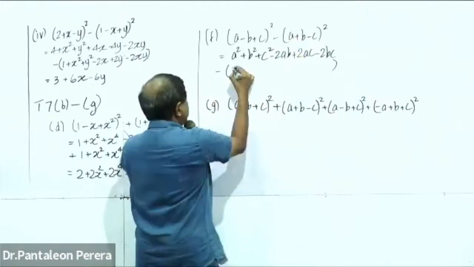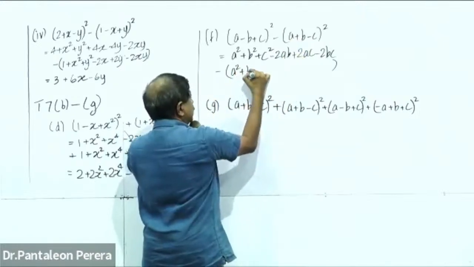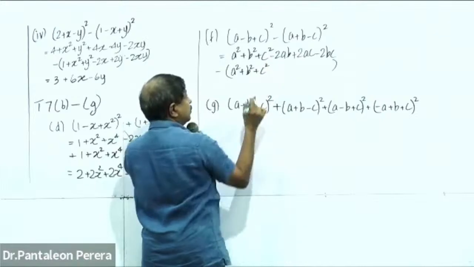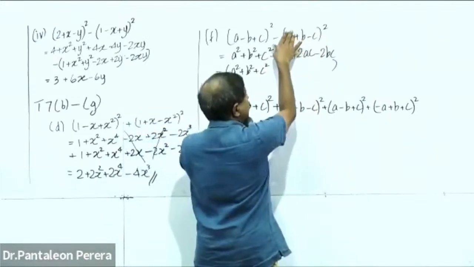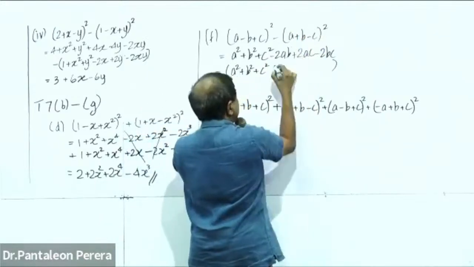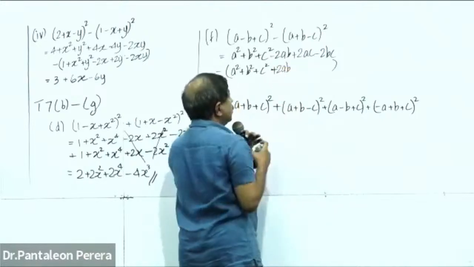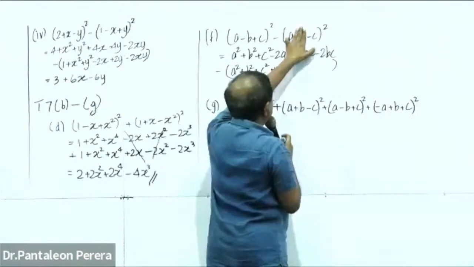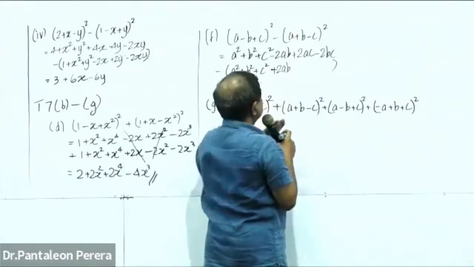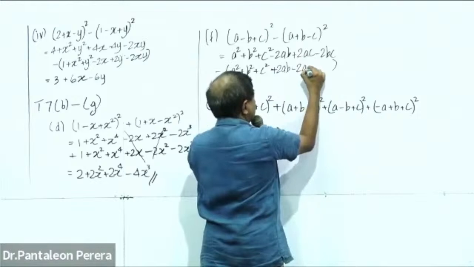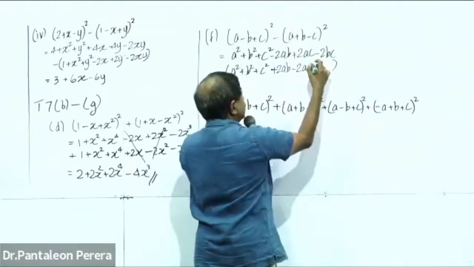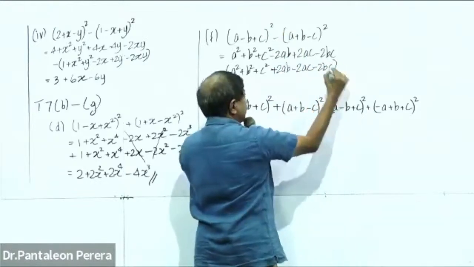You have A squared, B squared plus C squared. After that, when you close C, minus C, you have plus 2AB. When you close B, you have minus 2AC. When you close A, you have minus 2BC.